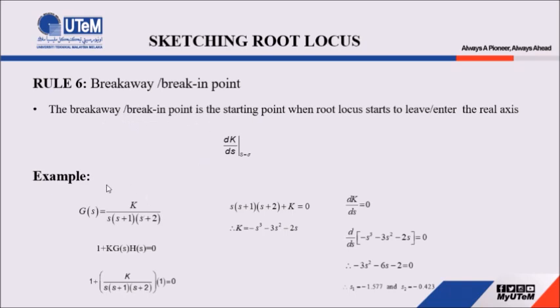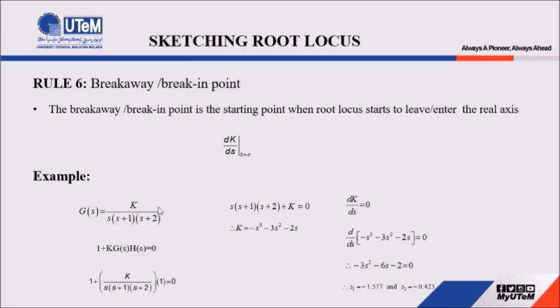For example, we have a system with G(s) equal to K divided by s times (s plus 1) times (s plus 2). In order to find the breakaway or break-in point, first we have to find the characteristic equation. This is the formula for the characteristic equation: 1 plus K G(s) H(s).